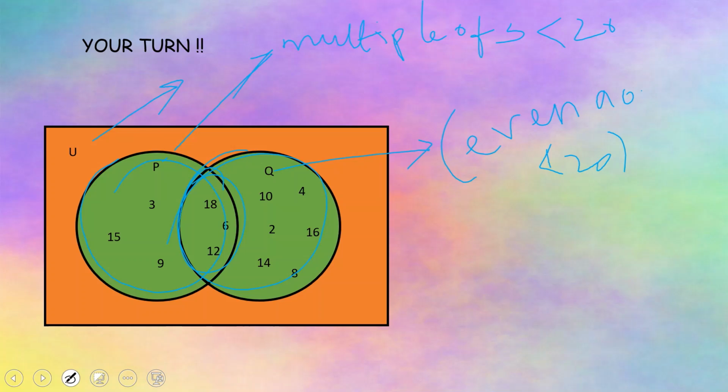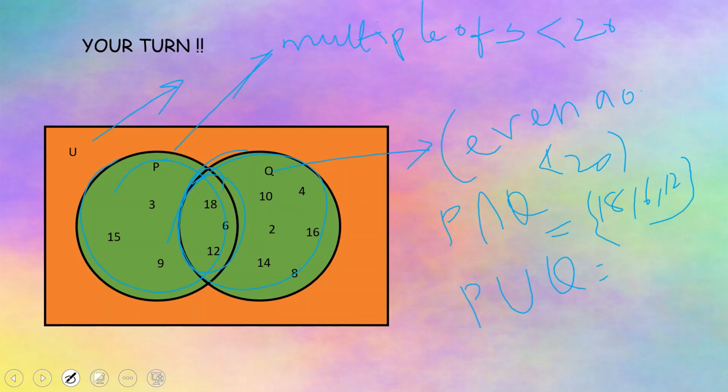मगर हमें intersection तो नहीं ढूंढना है, हमें union ढूंढना है. अगर intersection होता, that is find P intersection Q, then easily you would have written 18, 6 and 12. मगर इधर union P union Q दिया गया है. So what do you write?